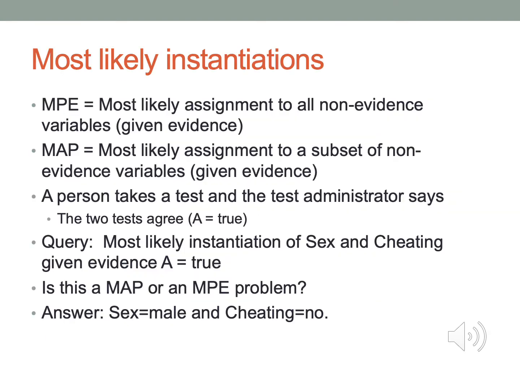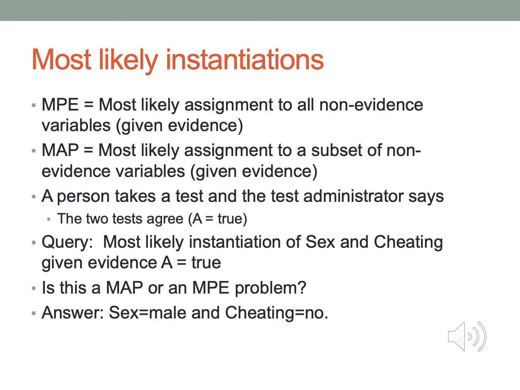Now let me test whether you understand the definitions of MPE and MAP. To recap, MPE is defined as the most likely assignment to all non-evidence variables given evidence, while MAP is defined as most likely assignment to a subset of non-evidence variables given evidence.